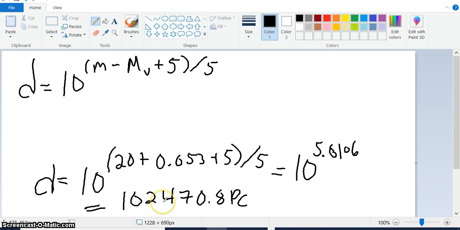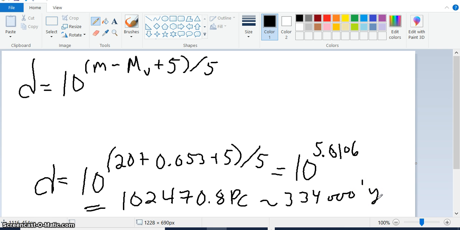So actually, hold on, let me see. So multiply that times 3.26. So this would be roughly 300,000 light years away. So approximately 334,000 roughly light years away.